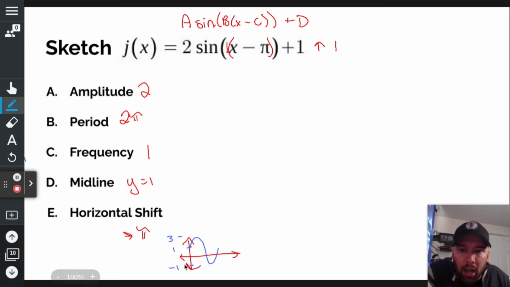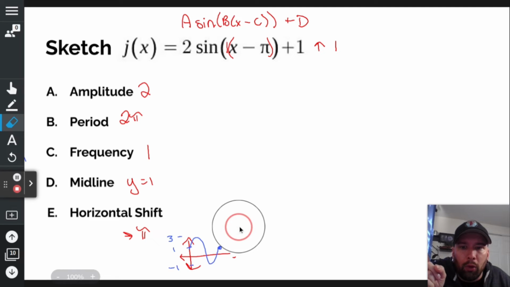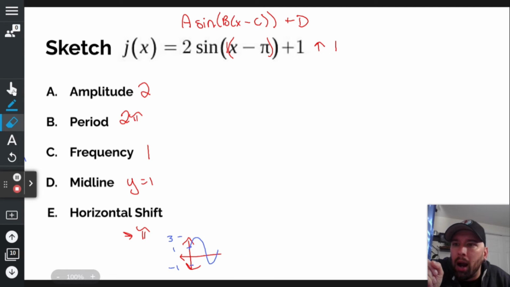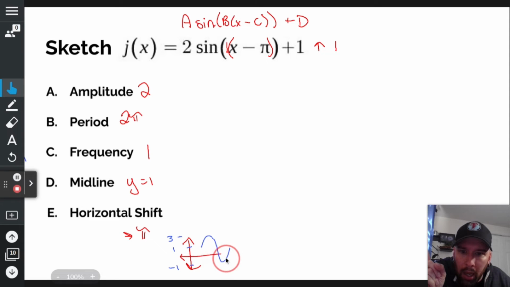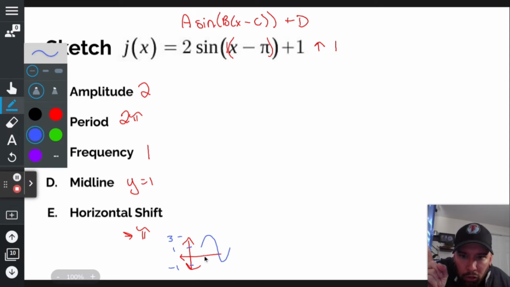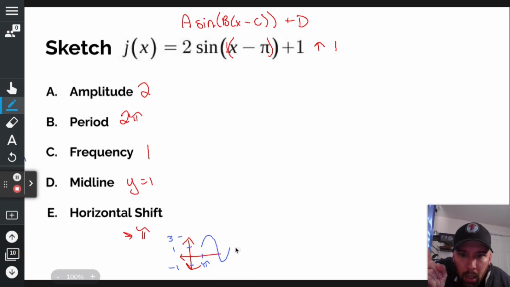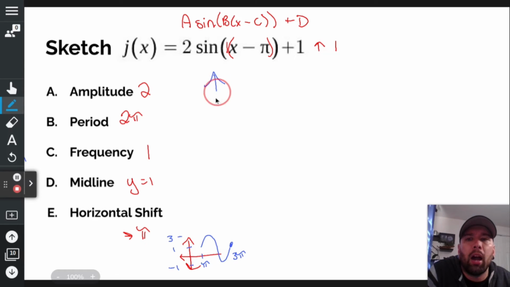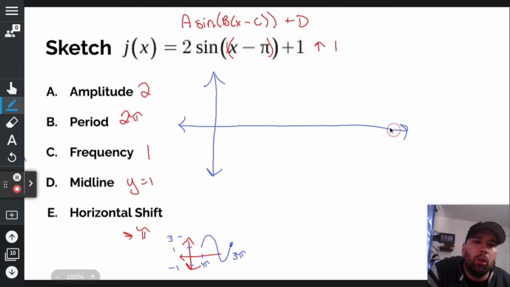I know my picture's not the best, but you get the idea. The period is 2 pi, so this does repeat the process at 2 pi, so that's good news. The horizontal shift has me going right pi, which means I start at pi and I repeat at 3 pi. So let's draw this guy a little over, more than usual.